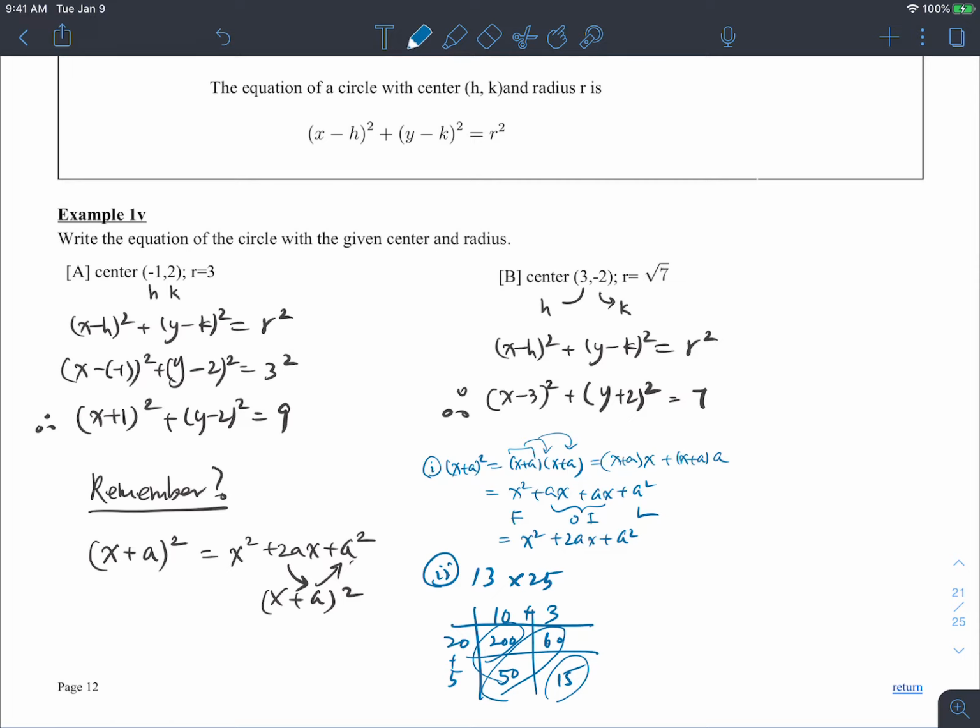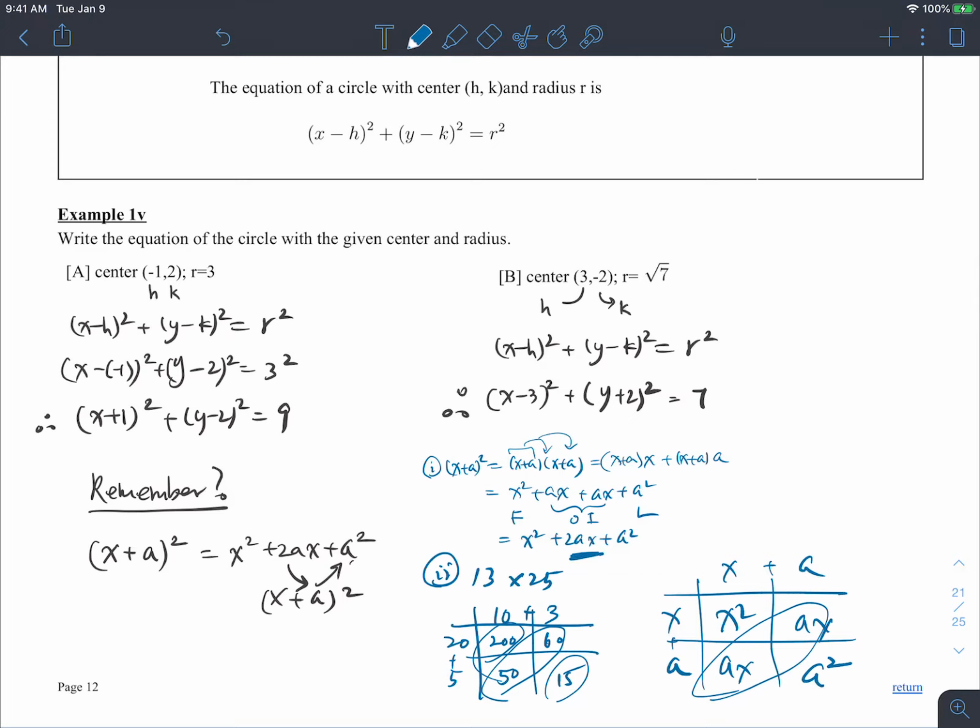This works exactly the same way. So (x + a) times (x + a), and x times x is x squared, xa is ax, ax is ax, a times a is a squared, and when you add these two, that's the part that I have here, 2ax. Okay?